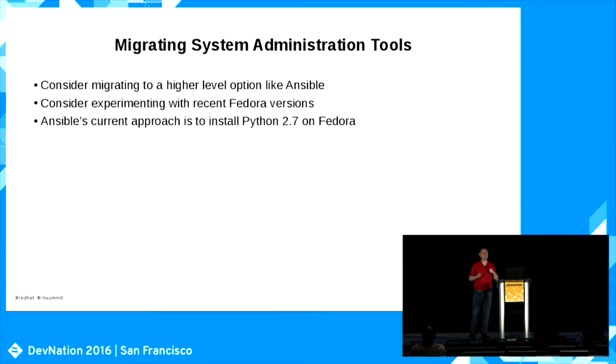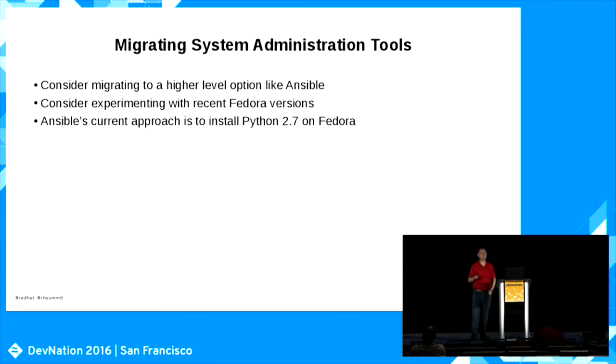For migrating system administration tools, again, one of your options is to say, well, do we actually need to be scripting this ourselves? Is there something like Ansible we can use instead and deal with that at a higher level and more declaratively?